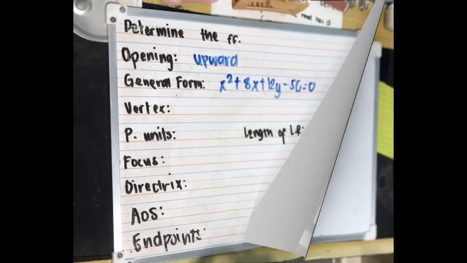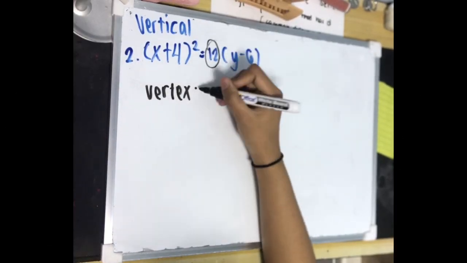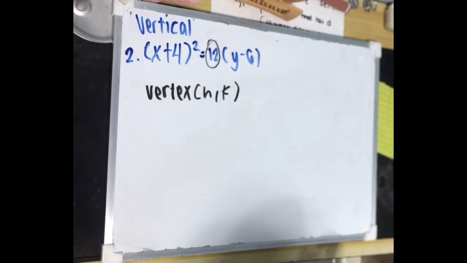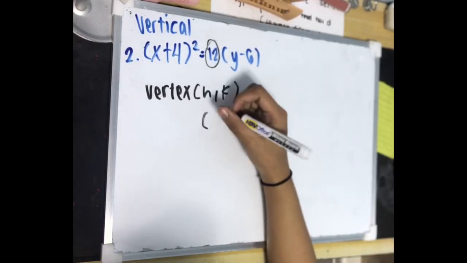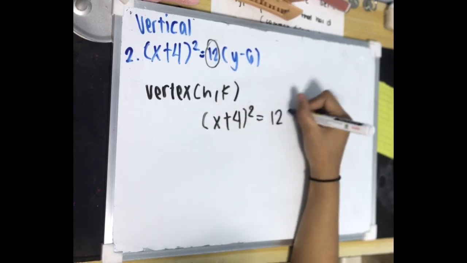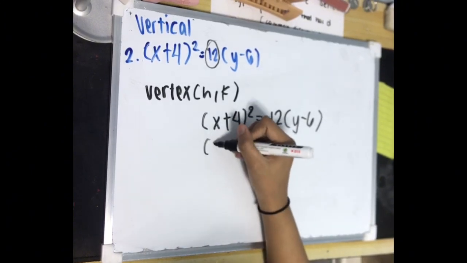So, to find the vertex, the h and k, we have to write down the given, and also the formula.